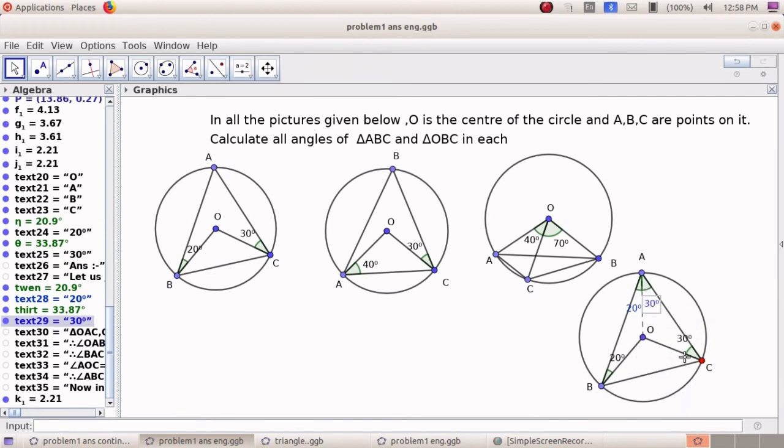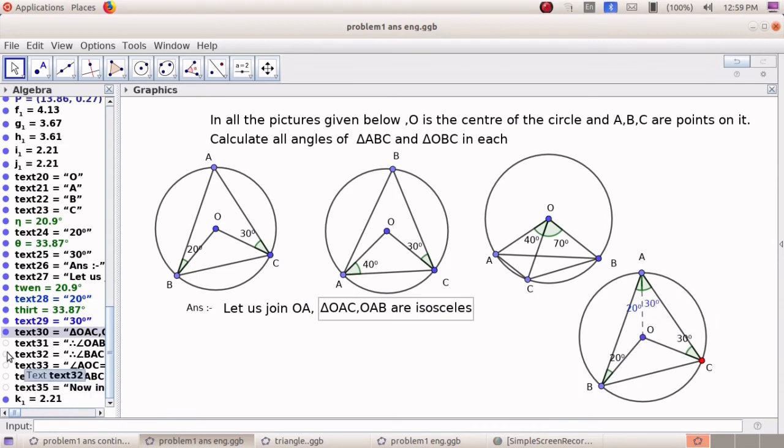Let us write these steps. Here we have obtained OAB and OAC as isosceles triangles. First redraw the figure, then write these steps as the answer. Answer: first we have joined line OA, then these two triangles are isosceles. Therefore, this angle is 20 and this one is 30.